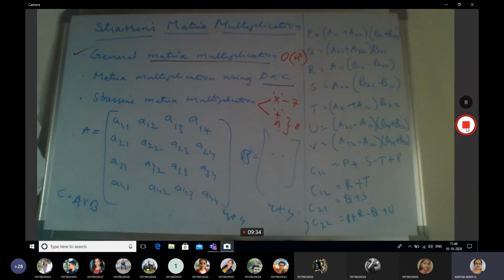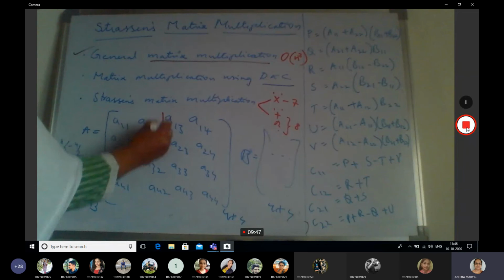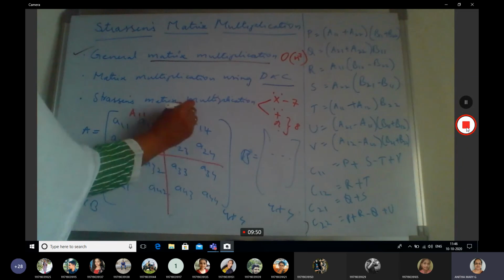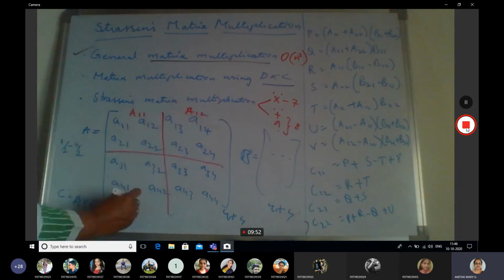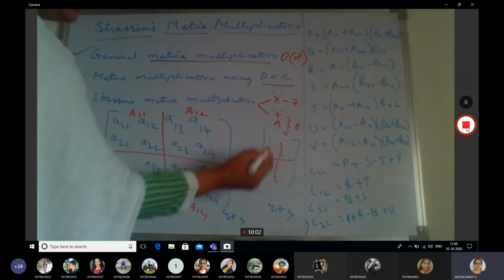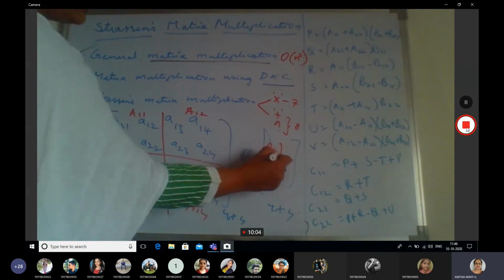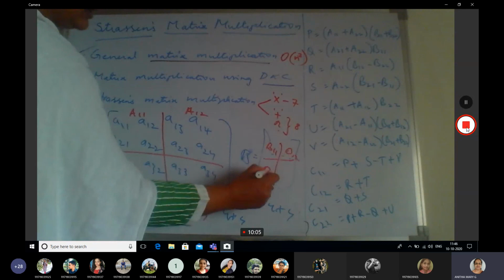So I told you n divided by 2. Here we have 4 divided by 2, so that means 2 by 2. So the matrix is now going to be divided into 4 parts like this. So now this becomes A11, this becomes A12, this becomes A13, and this becomes A14. Similarly for B also, it will be B11, B12, B13 and B14.